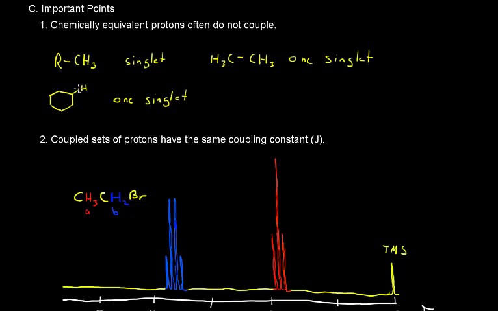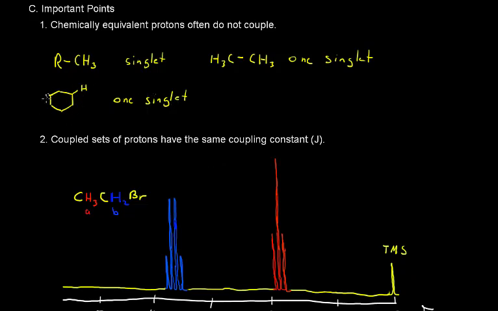Cyclohexane: all 12 hydrogens are in the same chemical environment. Again, I should mention that you've got axial and equatorial protons, but those are interchanging rapidly at room temperature on the NMR timescale, and so you see one singlet.